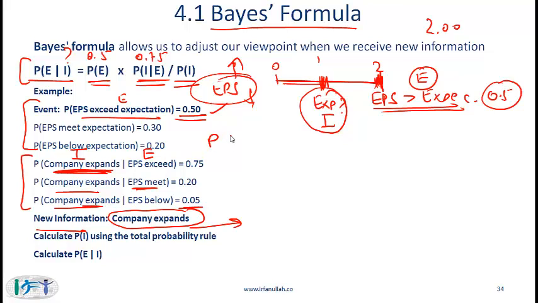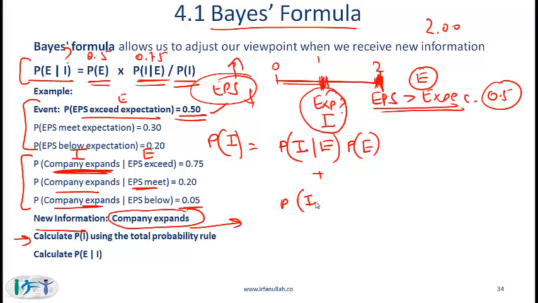The probability of the information, which is the first thing we need to find over here, is equal to the following. It is the probability of information given the event being EPS exceeds expectations, times the probability that EPS will exceed expectations, plus the probability of the information, i.e. company expands, given that EPS meets expectations, times the probability that EPS will meet expectations.